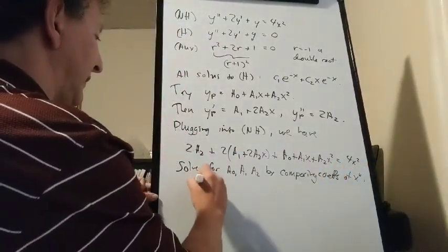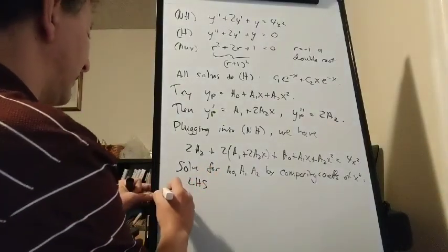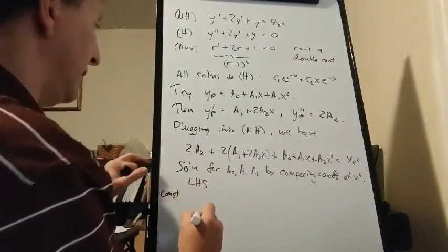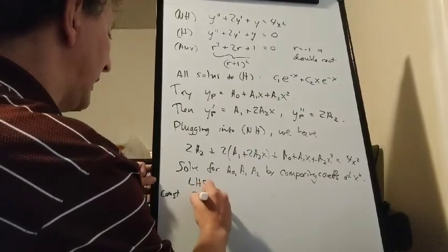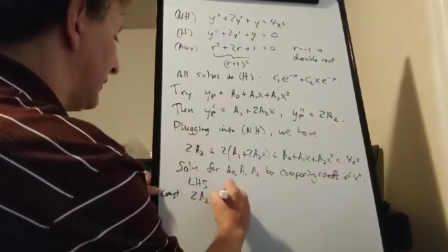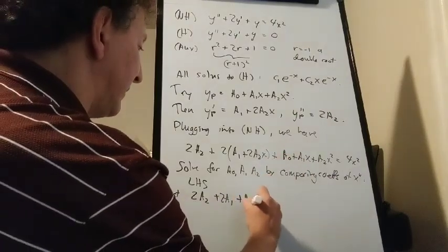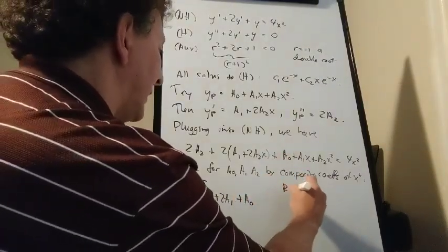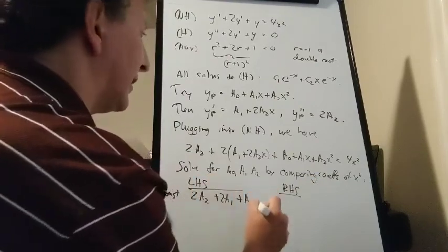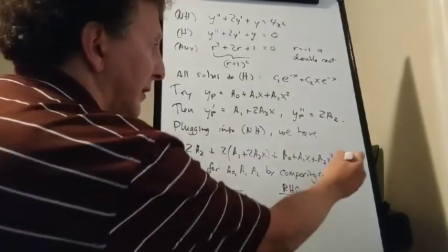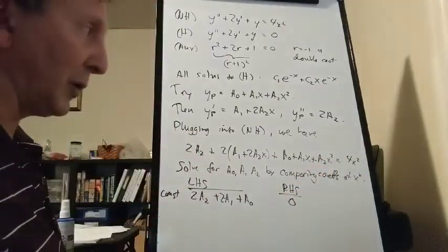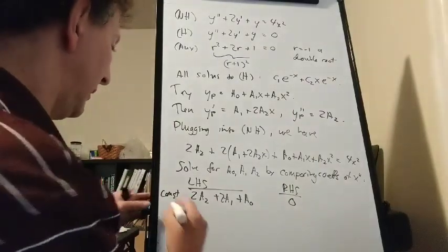So on the left-hand side, our constant term is 2a2 plus 2a1 plus a0. On the right-hand side, our constant term is 0, because 4x squared is 0 plus 0x plus 4x squared.